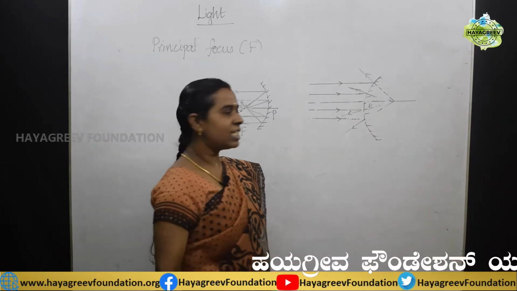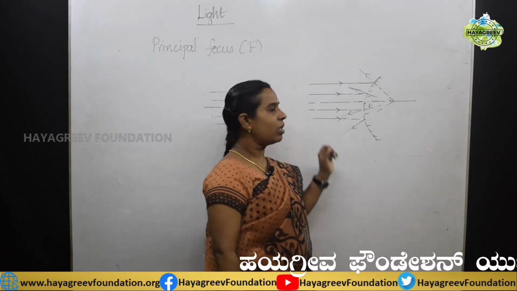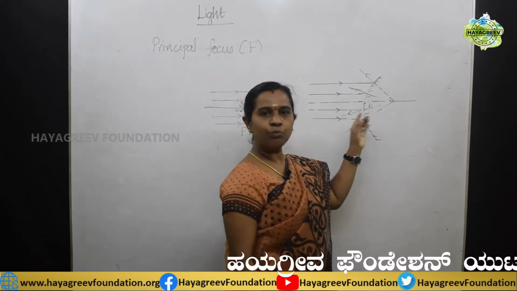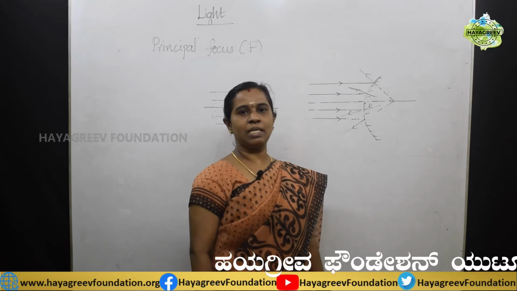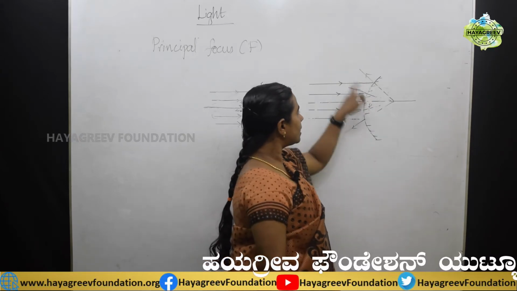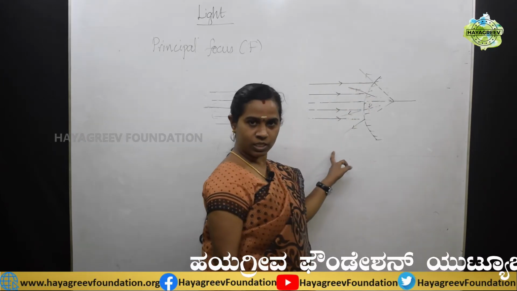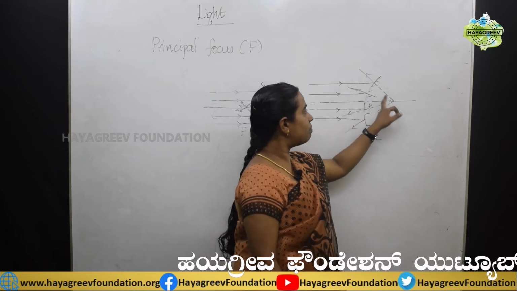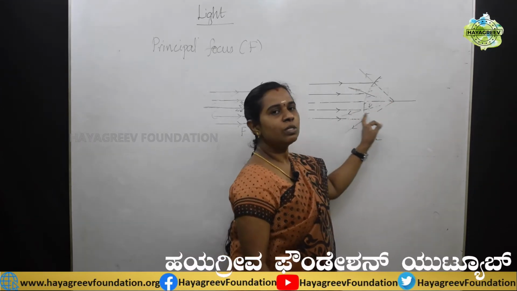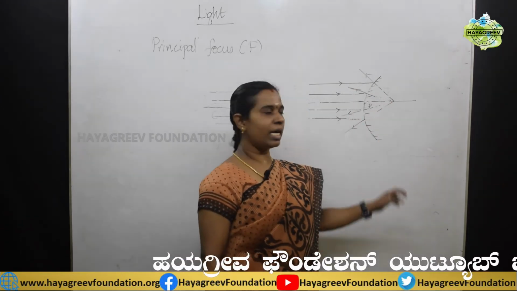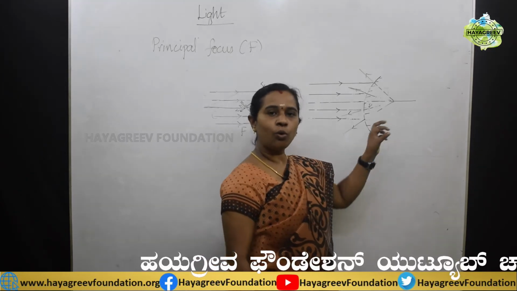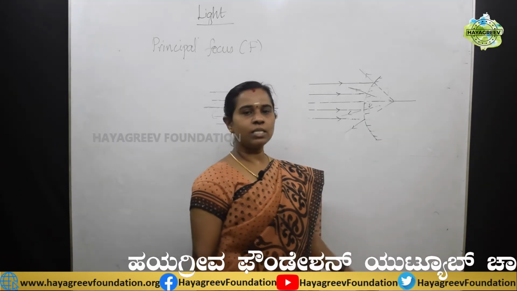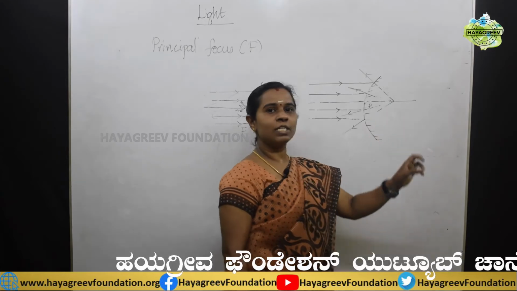We can see clearly here that when parallel rays fall on a convex mirror, all the reflected rays diverge. We rejoin this diverging path with dotted lines, which means all the reflected rays appear to meet at one point.